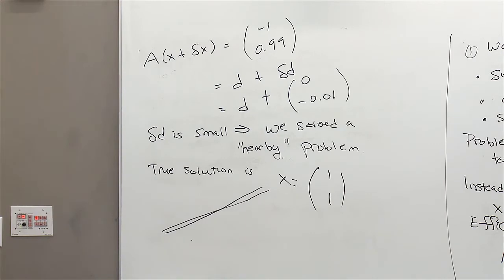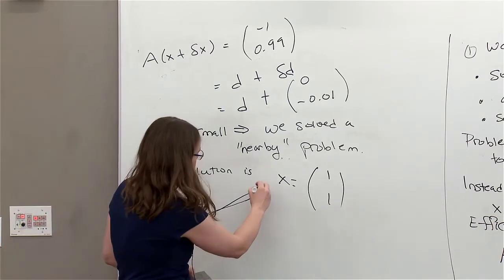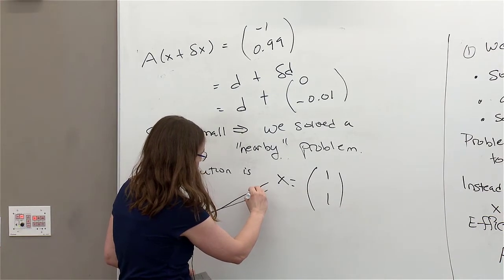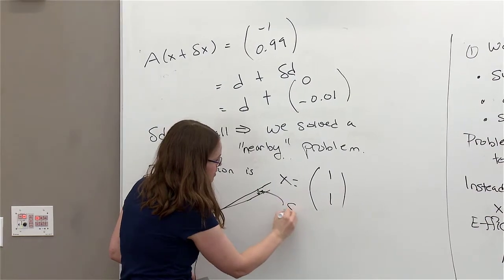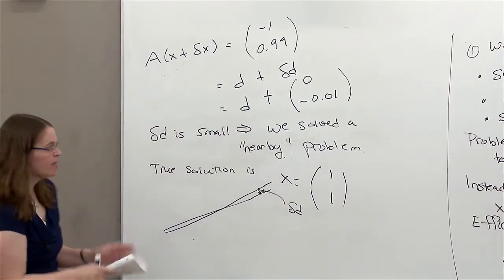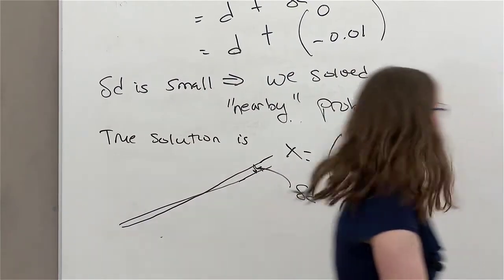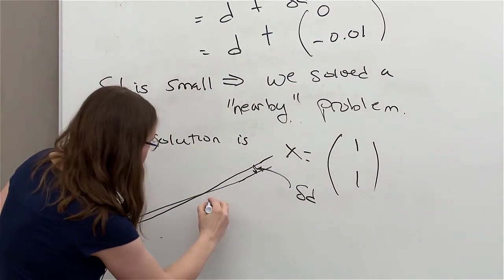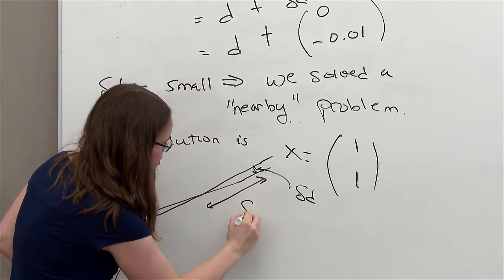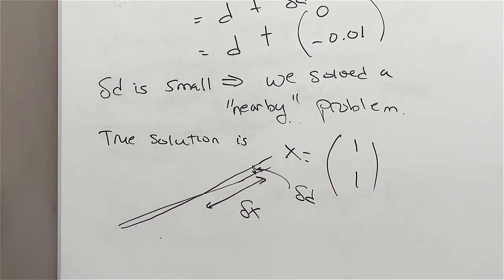So when I said, great, delta d is small, well, delta d is basically this distance here. This distance is going to stay small for a long time because these lines are nearly parallel. So delta d was small, but delta x is not so small.